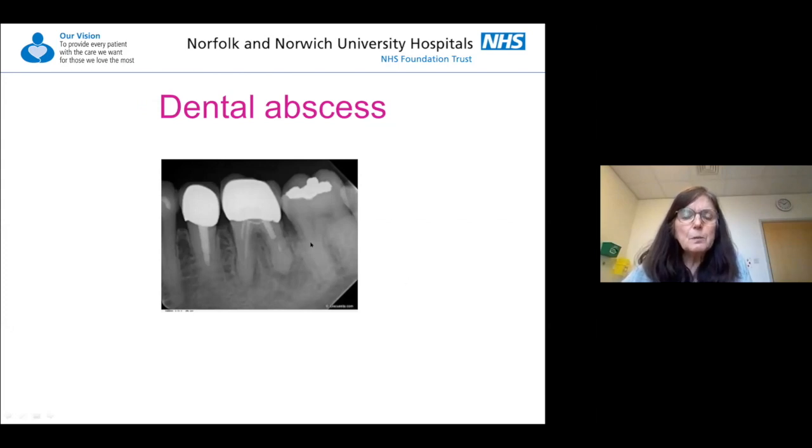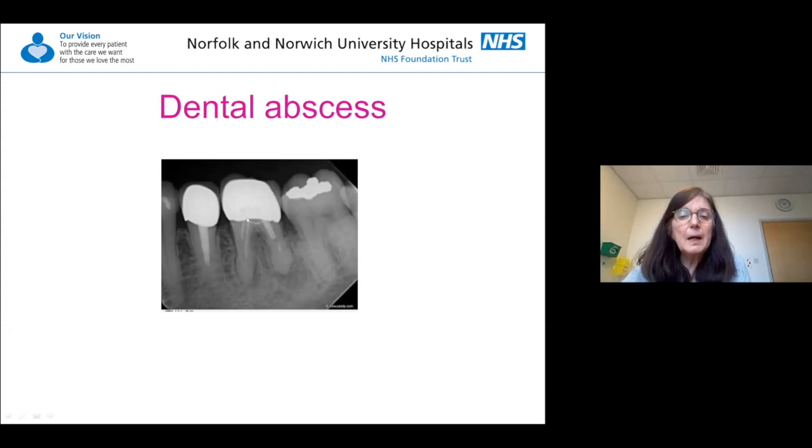So yes, we were talking about dental abscesses, and in close-up view, a normal tooth will have a dense white line going around the roots, and this is called the lamina dura, and it's as a result of seeing in tangential view the socket in the bone around the tooth.